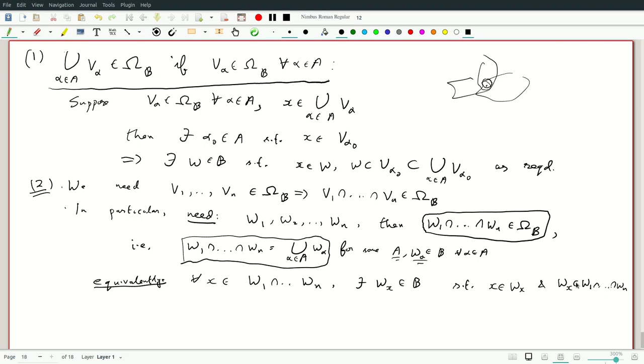This is what we actually verified with the intervals. We took a bunch of intervals and then we took the min and the max and then found a smaller interval, and that was contained in all of them. And we found that that was enough, and that is really going to be the content of the useful characterization.